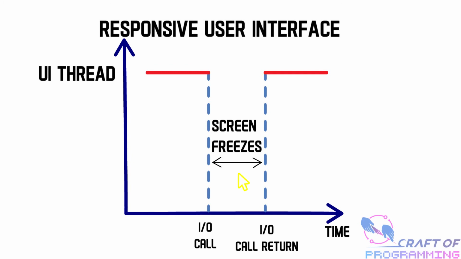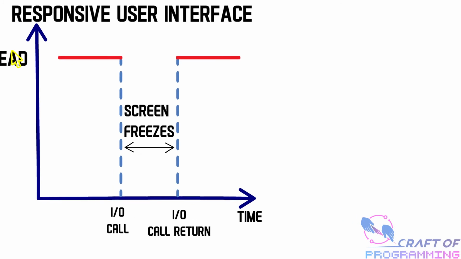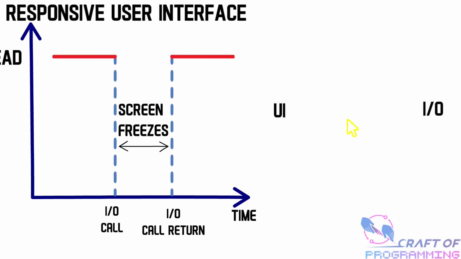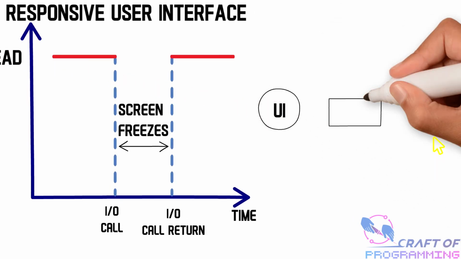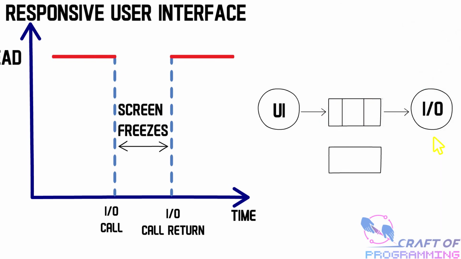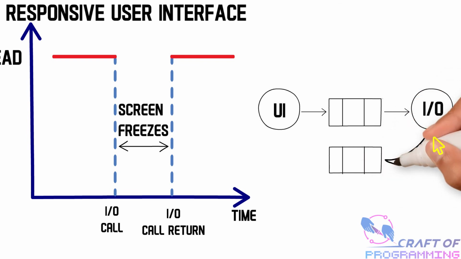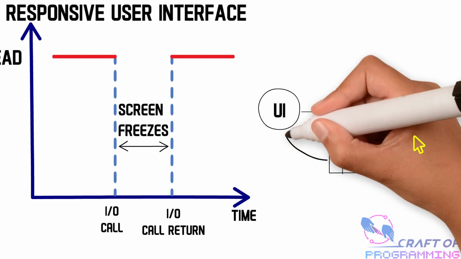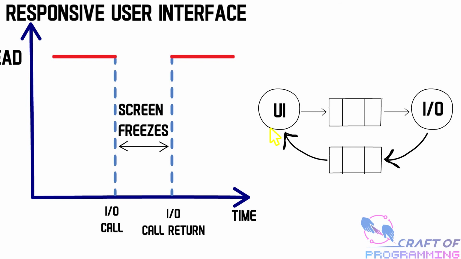How would multi-threading help here? Well, instead of having a single user interface thread, we would introduce another thread which will be responsible for handling these I/O requests and then giving the response back to the user interface thread. So the user interface thread would build this request and write it into a queue, and signal the I/O thread that there is a request in the queue.